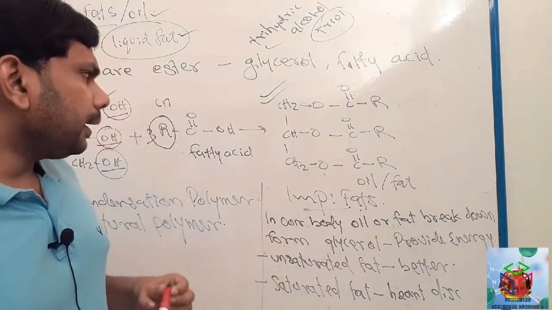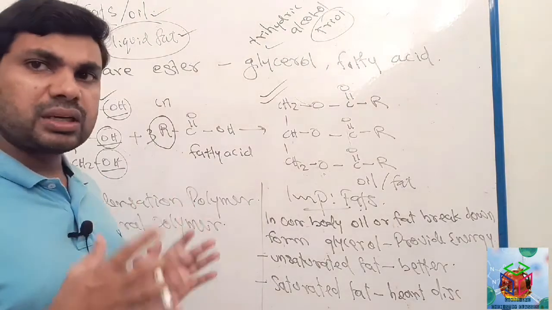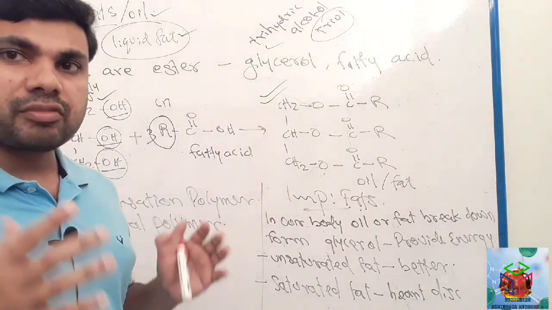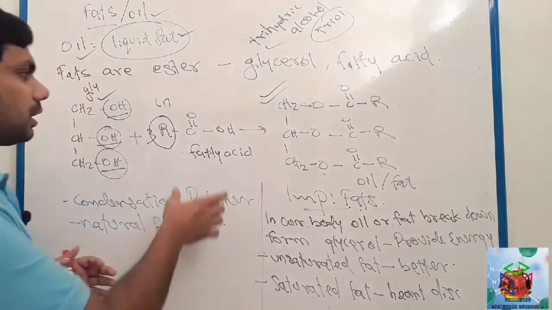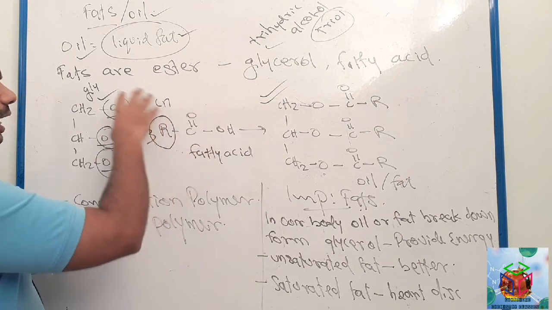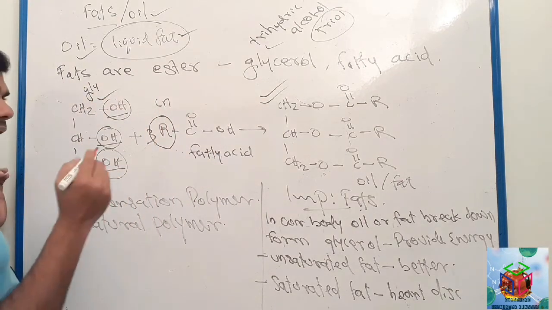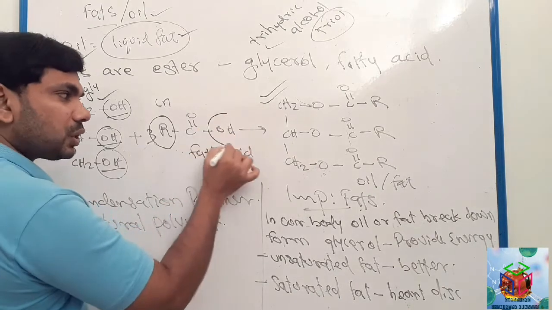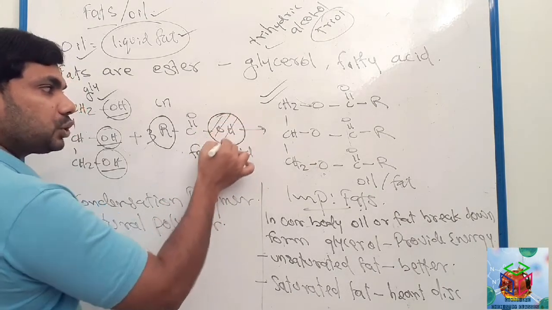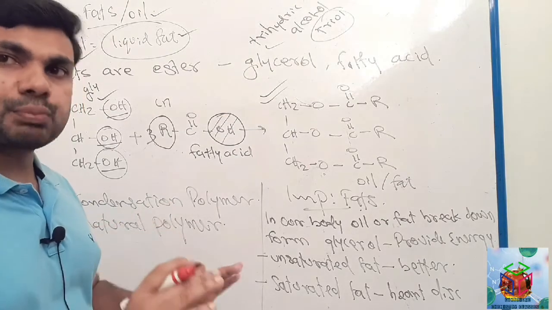And let us see here how glycerol and fatty acid react together. Fatty acid contains carboxylic acid and glycerol contains alcohol. From carboxylic acid, I told you before, the OH functional group will always be removed.